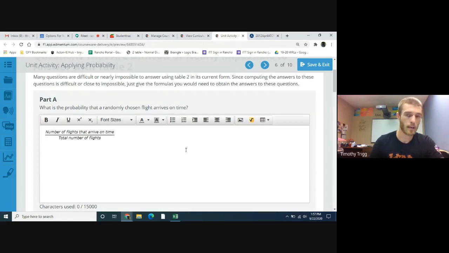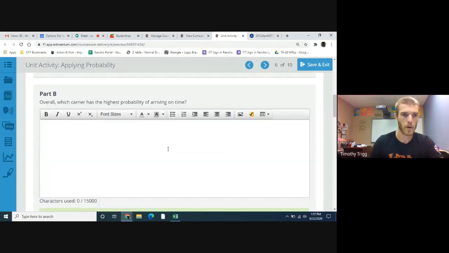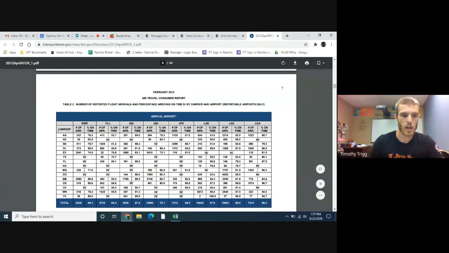Again, the data we have from table 2 does not give us that information. Part B. Overall, which carrier has the highest probability of arriving on time? We could see which carrier has the best probability of arriving on time for each city, right?